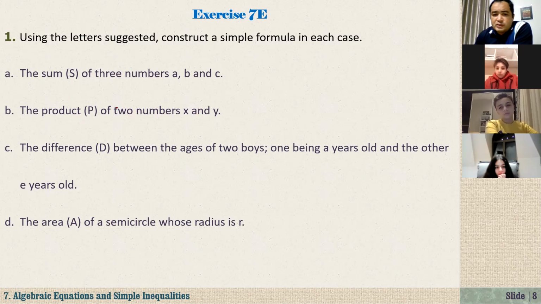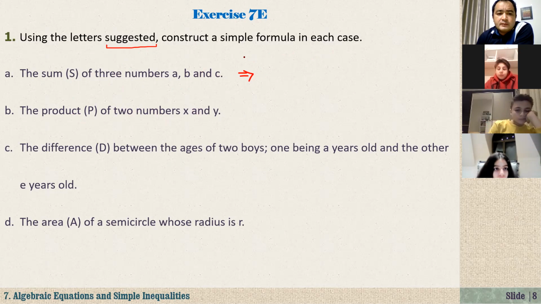Because we are going to do these questions together. Selin, let's start with you. After that, Ibrahim. After that, Al Akbar. Using the letters suggested. So these letters are suggested. Then when you are solving the problems, you have to suggest your letters yourself. Okay, but here already suggested, so we are going to use these letters. So construct a simple formula in each case. Selin, read it and tell me your answer.